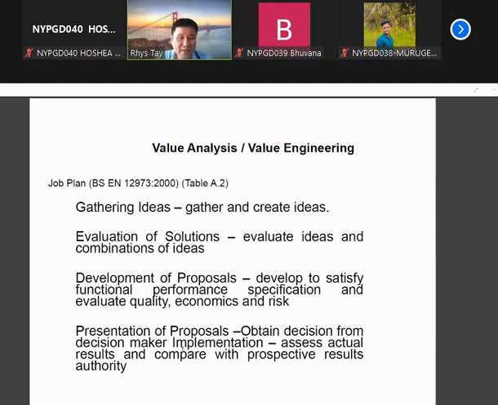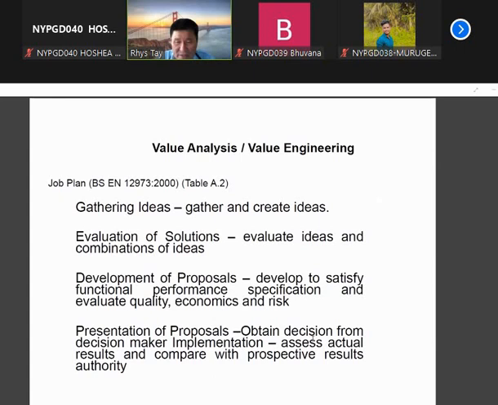So you can see that in terms of value engineering, there are a few steps. First, gather and create ideas. Then evaluation of solution: evaluate ideas and combinations of ideas. Development of proposal: develop to satisfy functional performance and specification, and evaluate quality, economics, and risk.